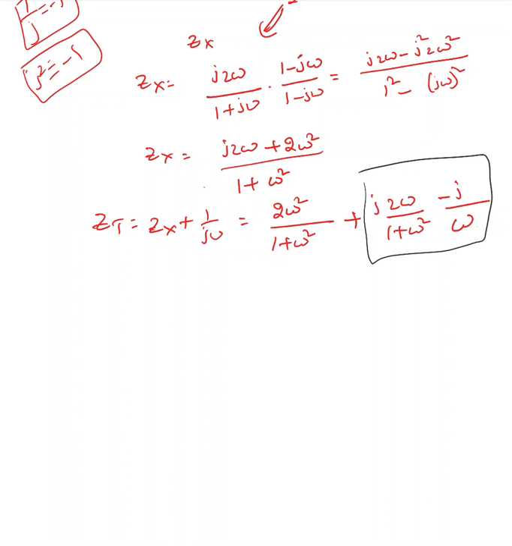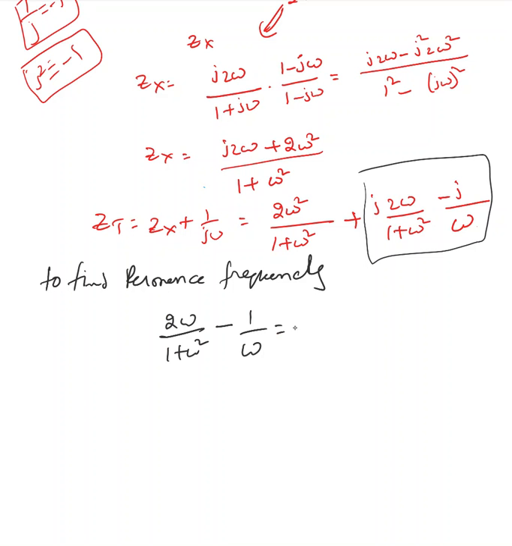Once we find the Z total, to find the resonant frequency, resonance frequency, both of them are the same, don't worry about that wording. To find the resonant frequency, the imaginary part must be equal to 0. So 2 omega over 1 plus omega square minus 1 over omega must be equal to 0. Now it's no longer omega, it's going to be omega naught.